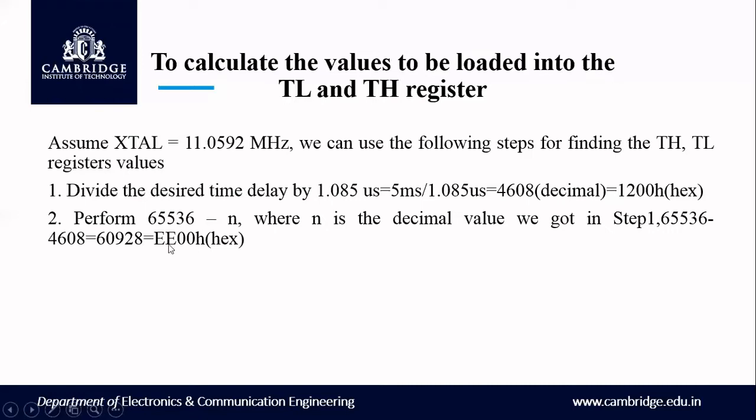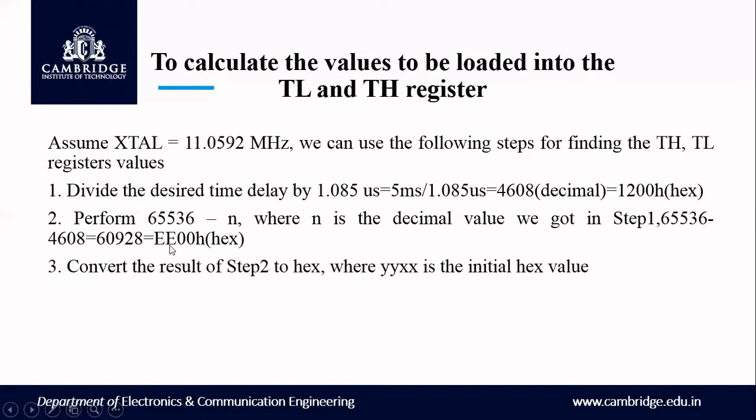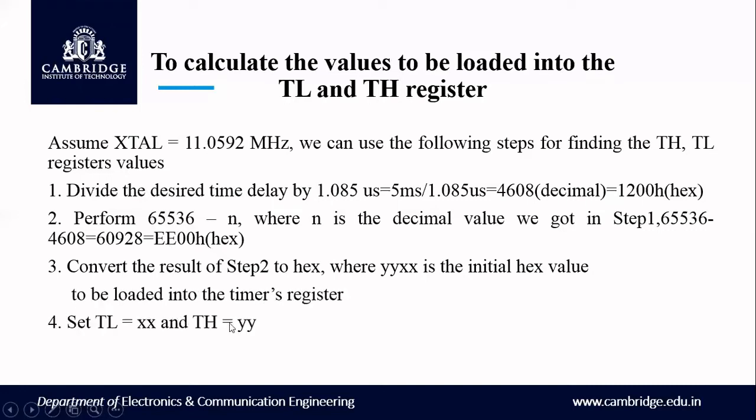Why? Because this value is loaded into TL and TH like this, and from this onwards you are counting up. When the timer starts, it will start incrementing from this value till FFFFh. In that case, you are generating a total of 4,608 counts.